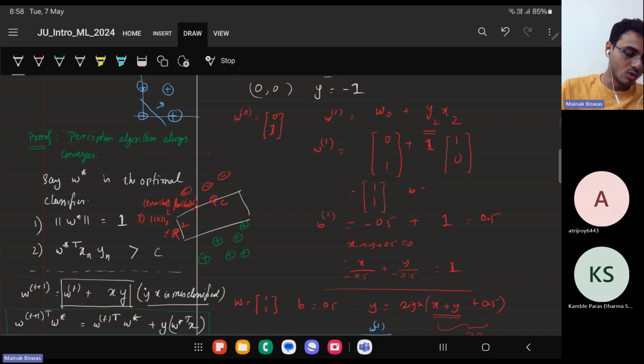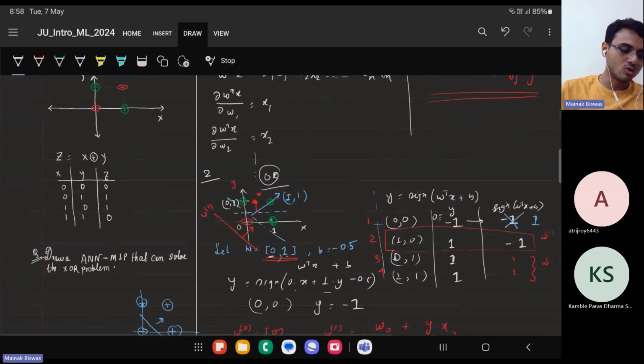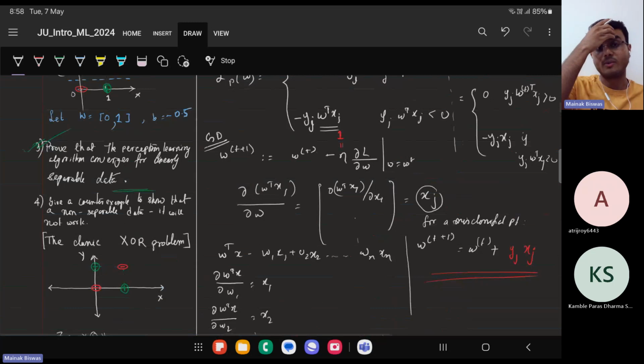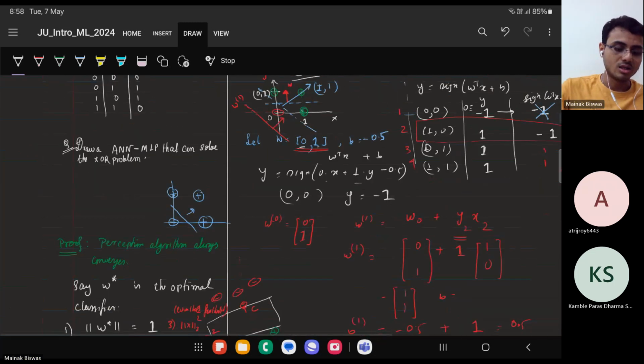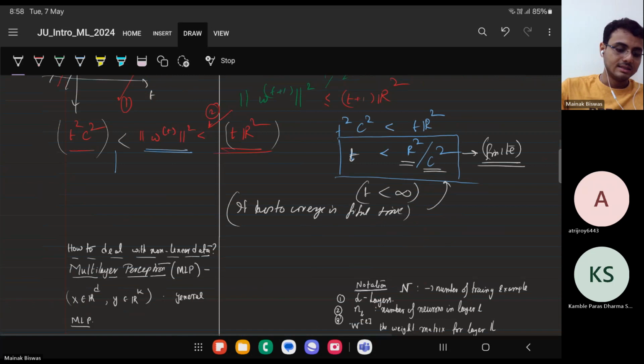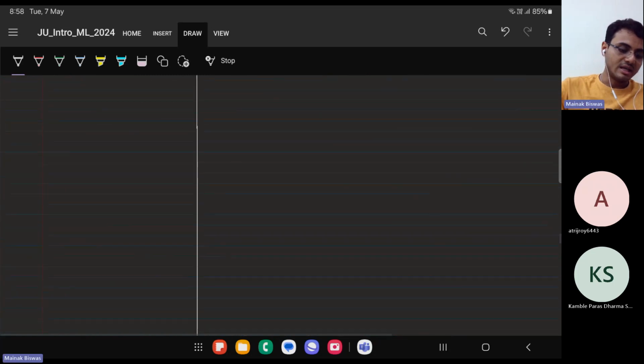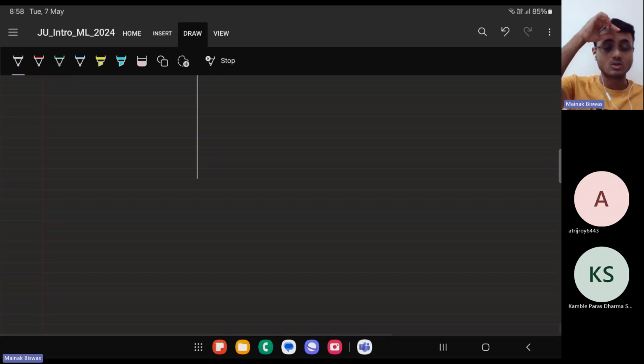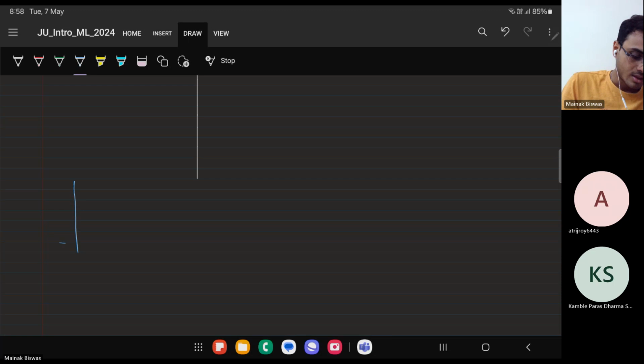Okay, if there are no more questions, now let us go to the drawback. So I proved this and I'll now show the drawback. We will go into neural networks, so I'll do it at the end. The drawback is what is called the XOR problem. So 0, 0 is 0, 1, 1 is 0.